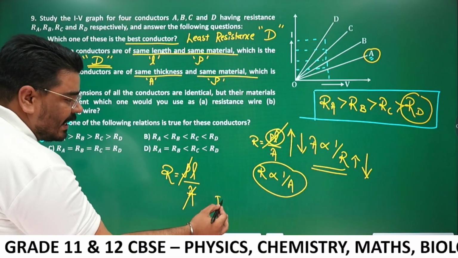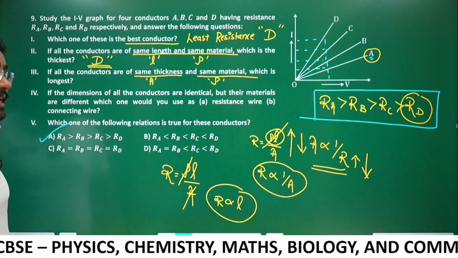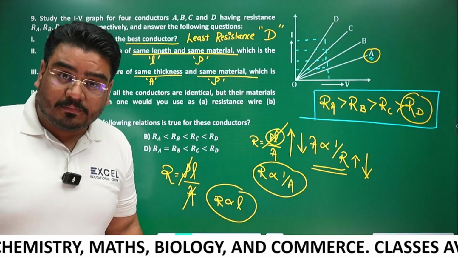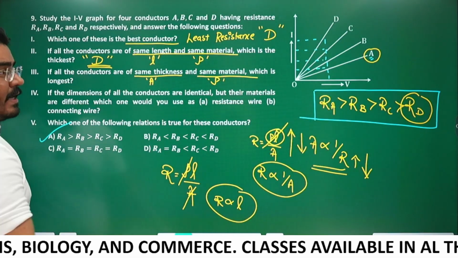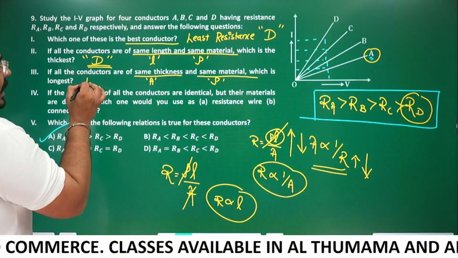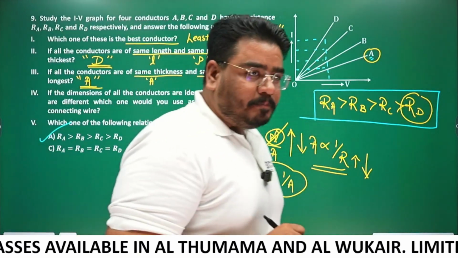So resistance is directly proportional to what? Length. The one that has the maximum resistance will have the maximum length. Direct relation. So the one that has the maximum resistance, which is A, will be the longest. My dear students, the answer will be option A.